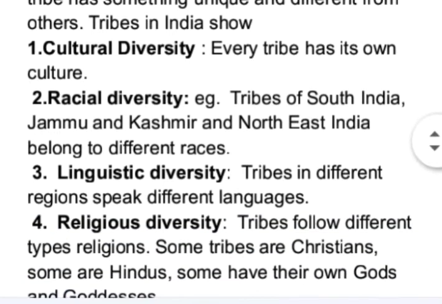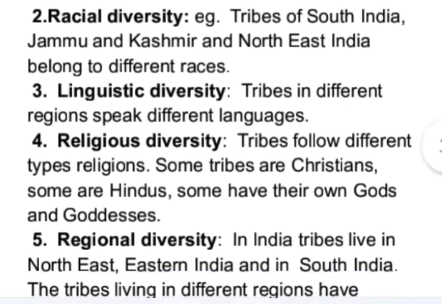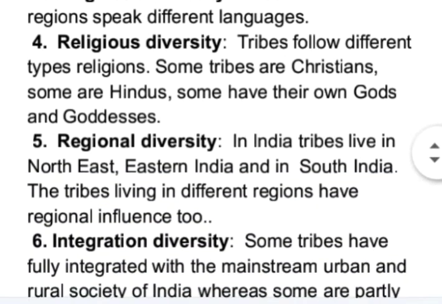Next is linguistic diversity. Tribes in different regions speak different languages. Next is religious diversity. Tribes follow different types of religions. Some tribes are Christians, some are Hindus, some have their own gods and goddesses. Next is regional diversity. In India, tribes live in Northeast, Eastern India, and in South India.